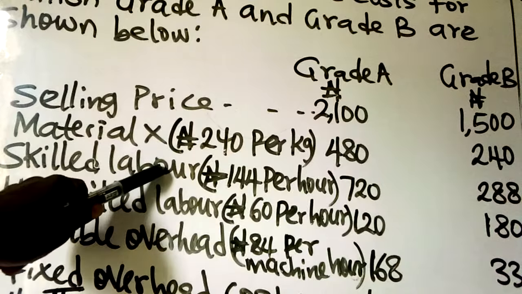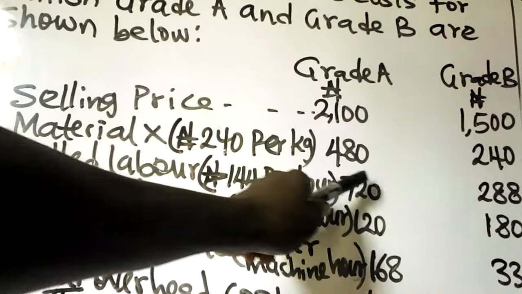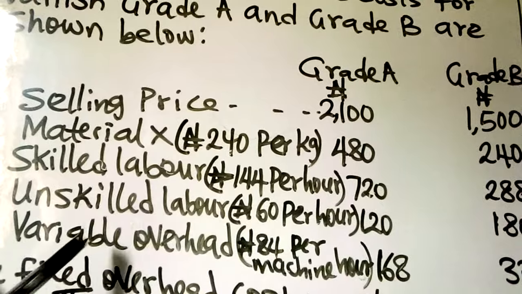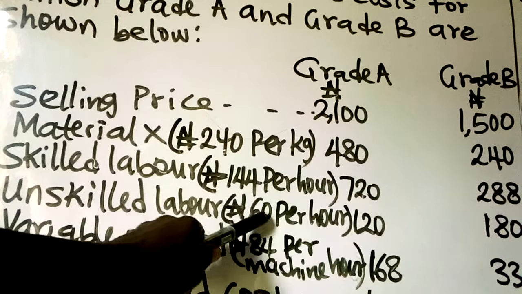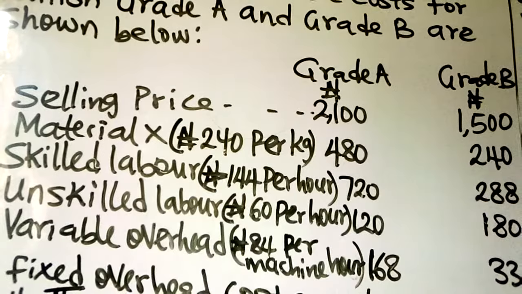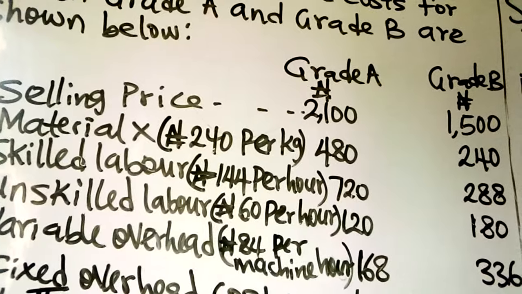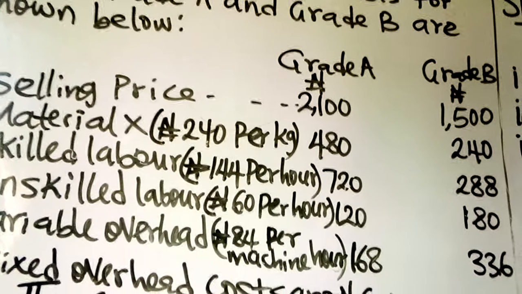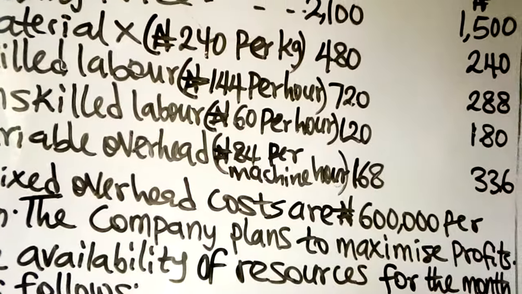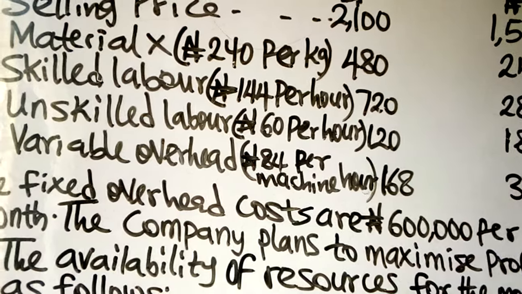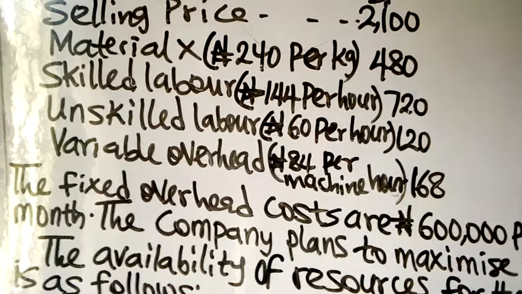We have skilled labor, 144 naira per hour, which is 720 for grade A and 288 for grade B. We have unskilled labor, 60 naira per hour, 120 for grade A and 180 for grade B. Then we also have variable overheads, 84 naira per machine hour, 168 for grade A and 336 for grade B. Then we have fixed overhead cost at 600,000 naira per month.